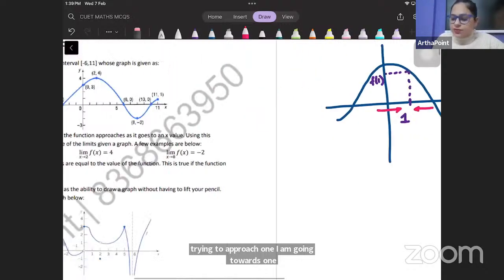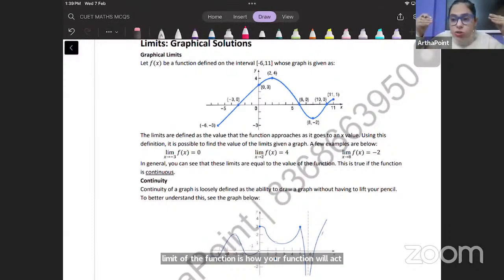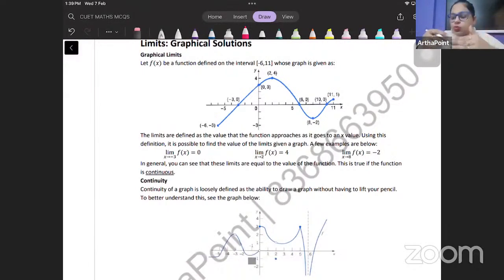So the limit of the function is how your function will act. कैसे आपका function चलेगा जब आप एक particular value को approach करोगे. जब आप यहाँ से और यहाँ से एक particular x को approach करोगे तो आपका function क्या value लेगा? What value will your function be taking? That is the concept of limit. ठीक है बेटा?